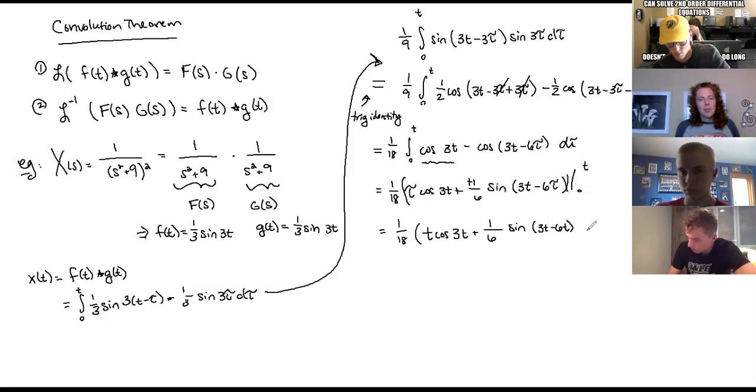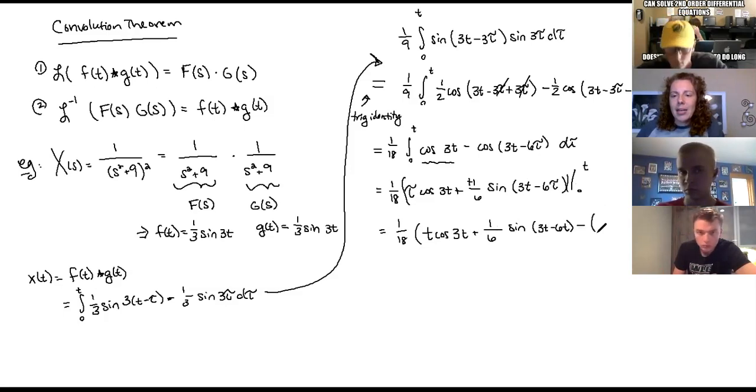That's my first one, and then I'm going to need to subtract. So t cosine 3t plus 1/6 sine of 3t minus 6t, and then minus t cosine 3t, 0.